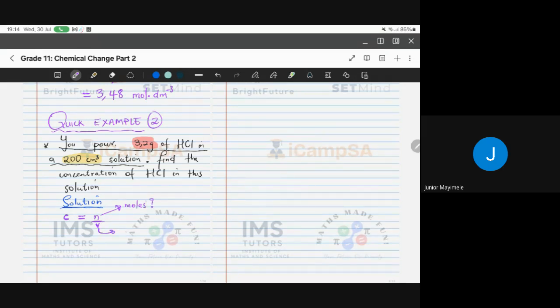Number two, volume must always be in dm3, which is cubic decimeters. However, the one that we're given is in cubic centimeters. So that is a cause for concern. That means before we can even substitute in this formula, we must first find the moles, and we must first convert the volume from cubic centimeters to cubic decimeters.